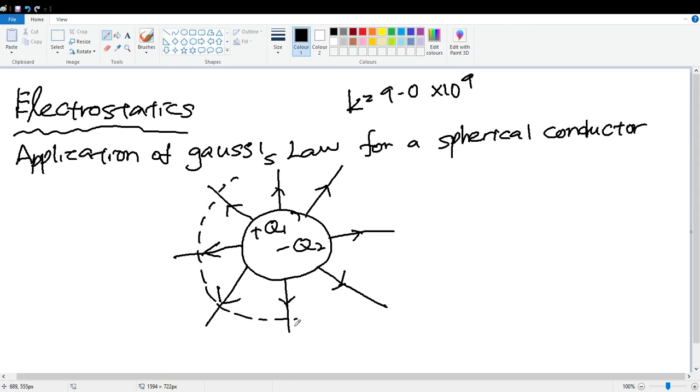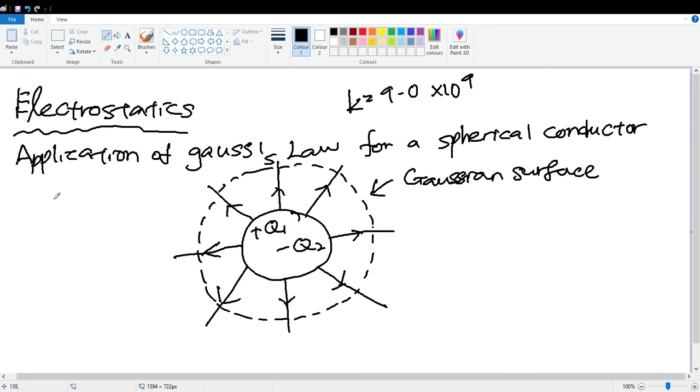Same principle as the point charge. Inside this Gaussian surface, the space is in the form of vacuum. So this is the Gaussian surface. Our electric flux is equal to the total net charge divided by the permittivity of vacuum.